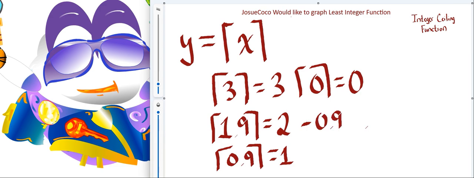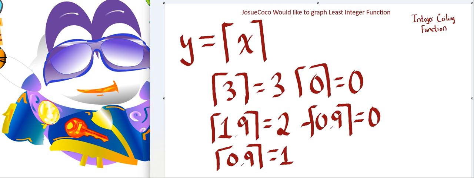followed by negative 0.9, the ceiling function of negative 0.9 equals 0.